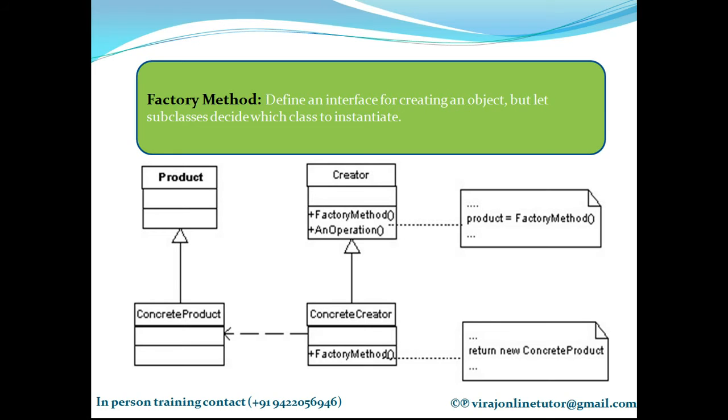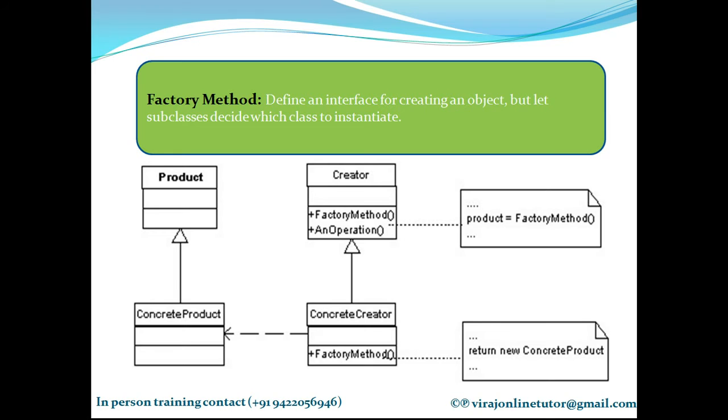Based on which sorting algorithm I need, I request it from the interface, saying give me such and such sorting algorithm. The base interface will give me back the required sorting algorithm object. As we know, factory method belongs to the creational pattern. That means we are just focusing on creating objects. So creating objects is the important key here.